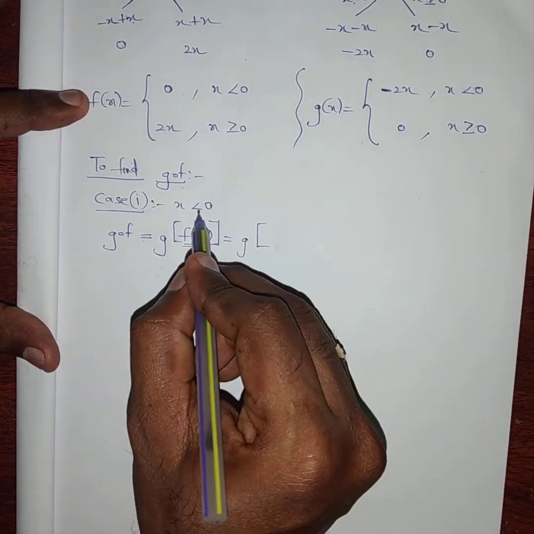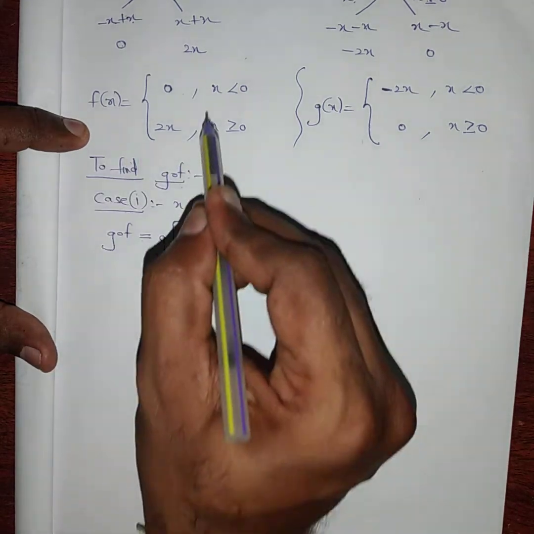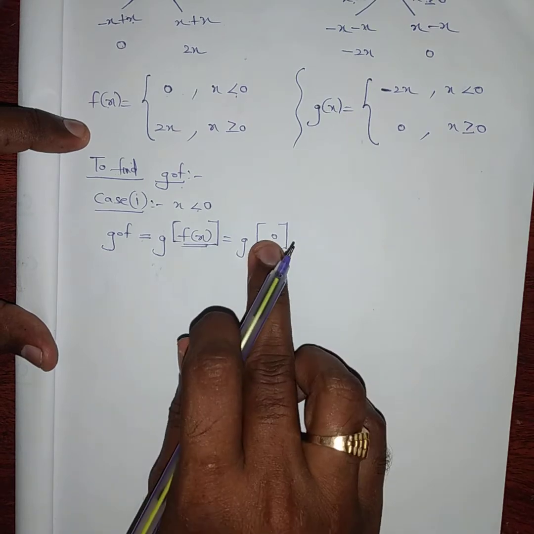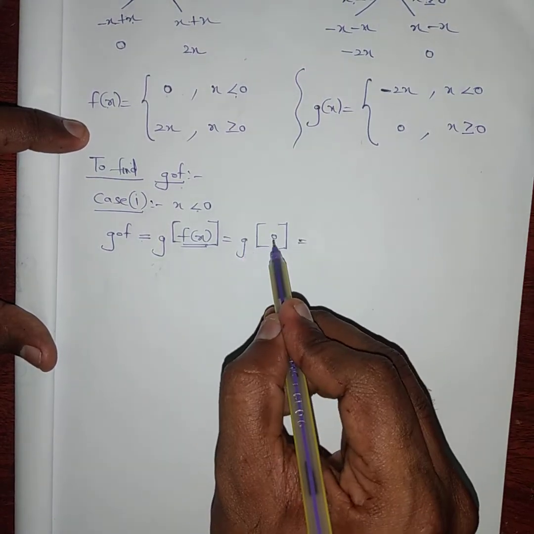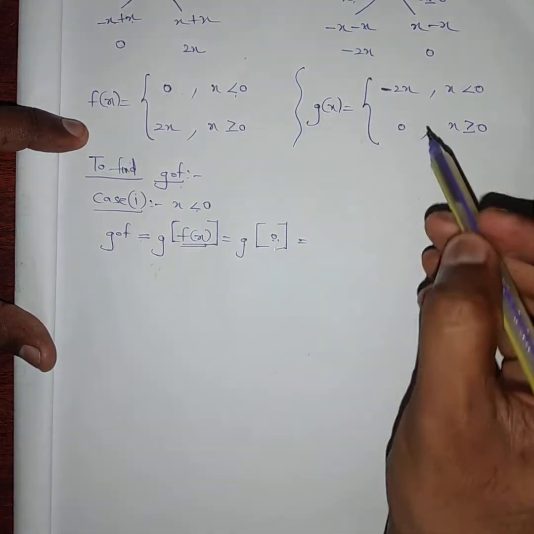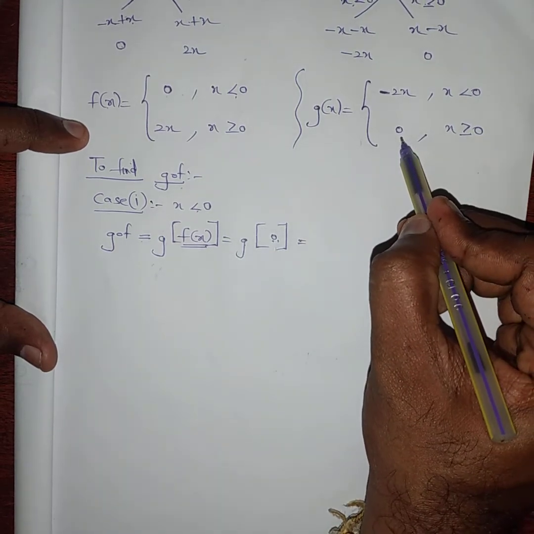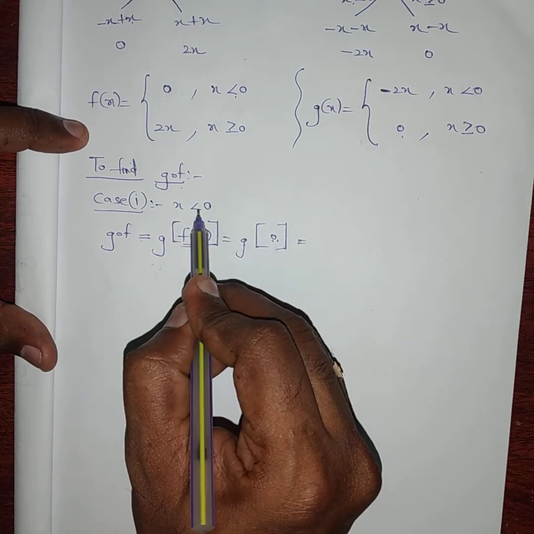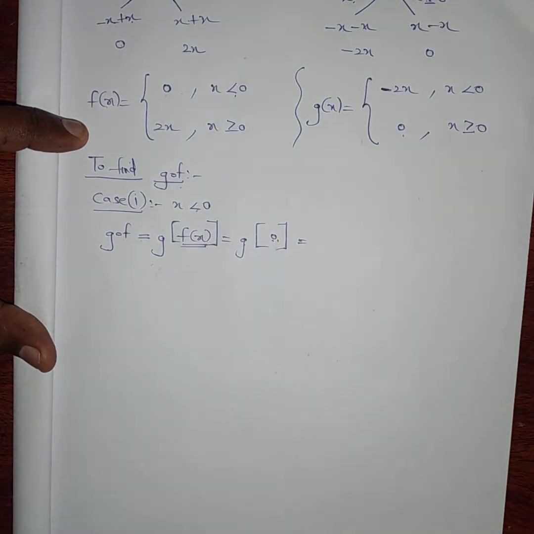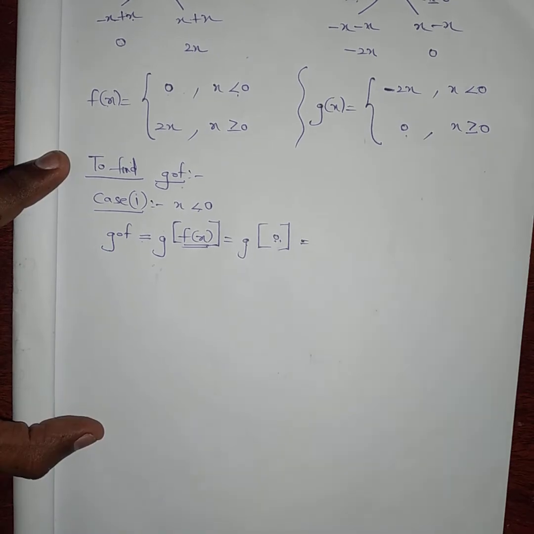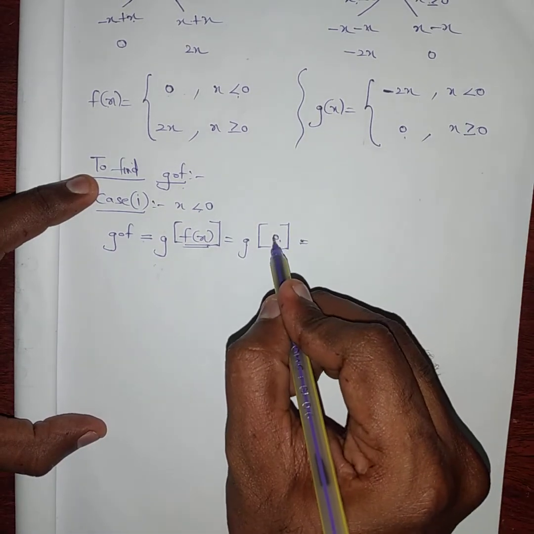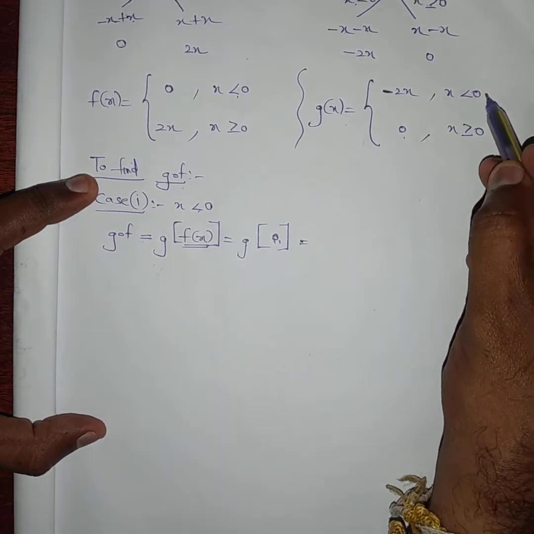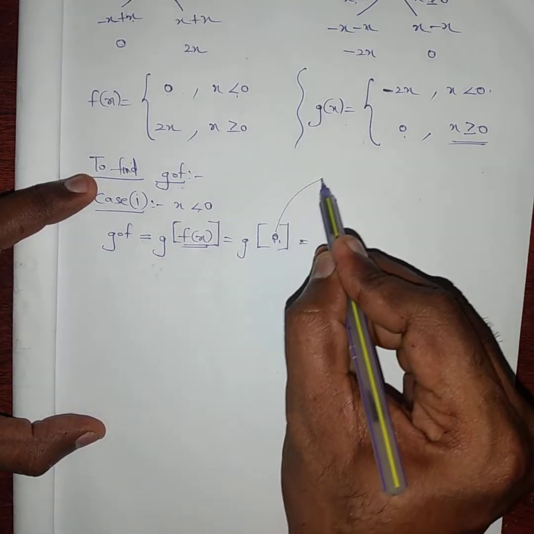What is f of x when x is less than 0? F of x is equal to 0, I applied 0. So g of 0, where is g of 0? Listen nicely, 0 is not less than 0, so it is present in the other part, where x is greater or equal to 0.